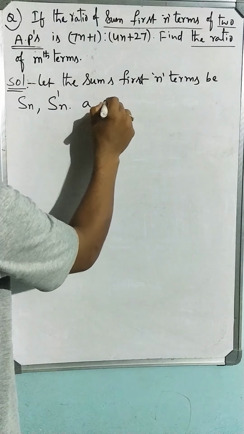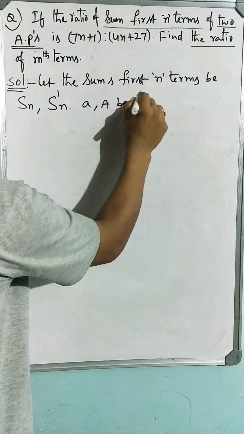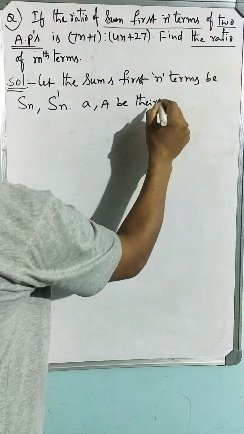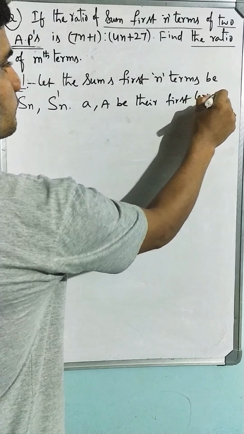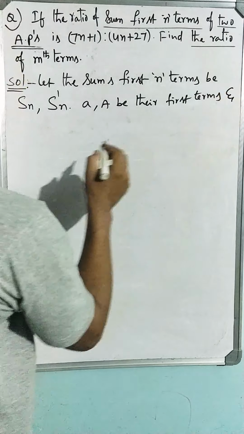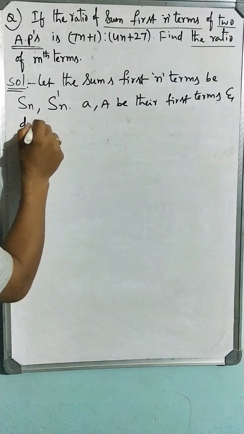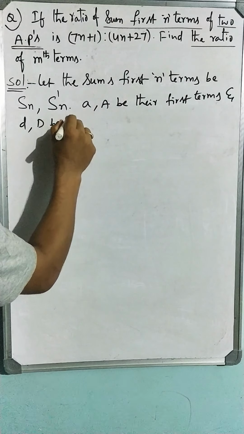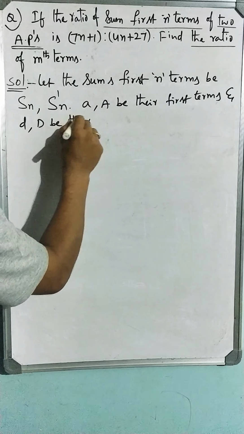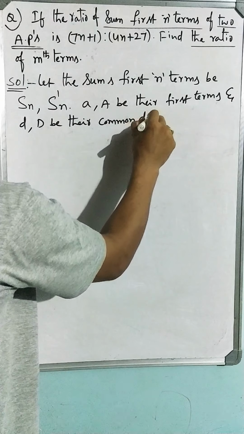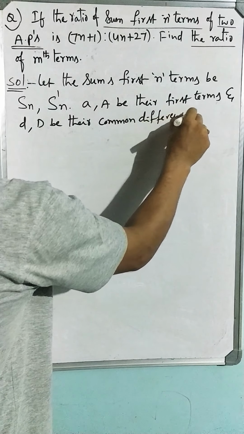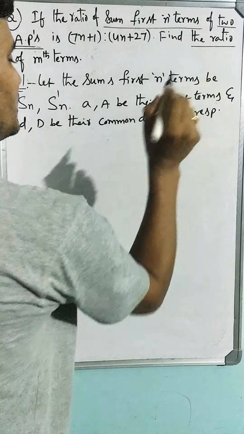Small a comma capital A be their first terms and small d comma capital D be the common differences respectively.